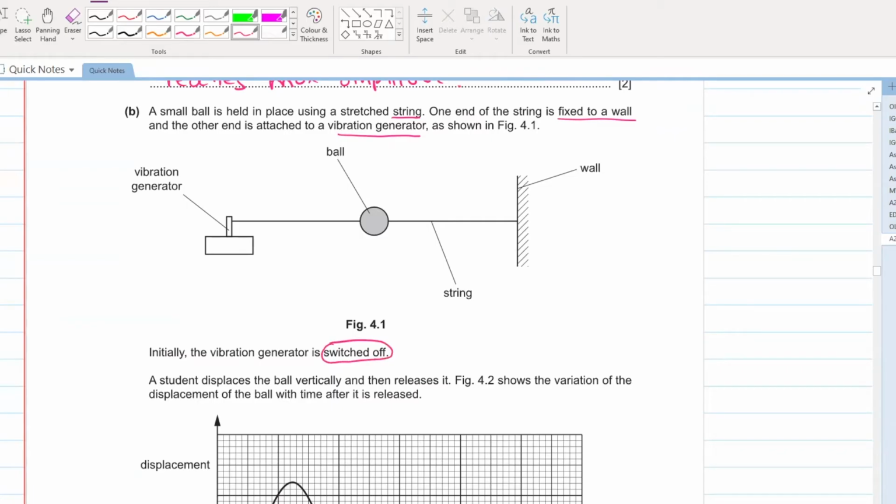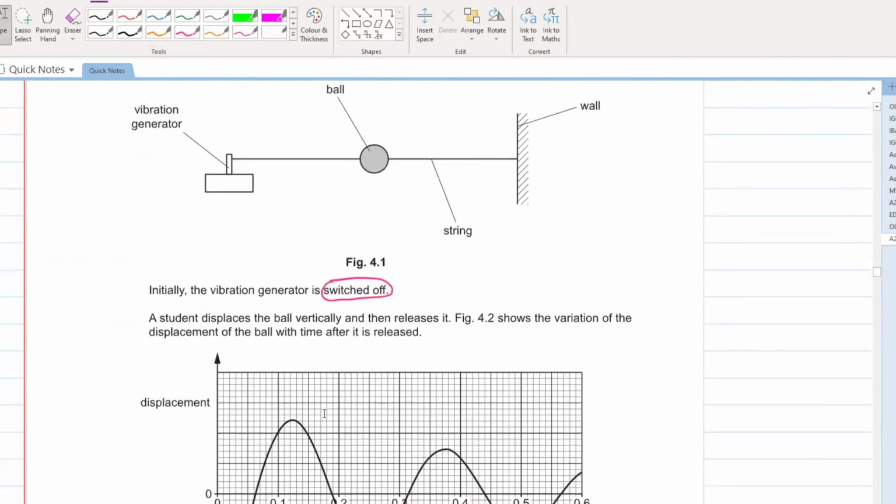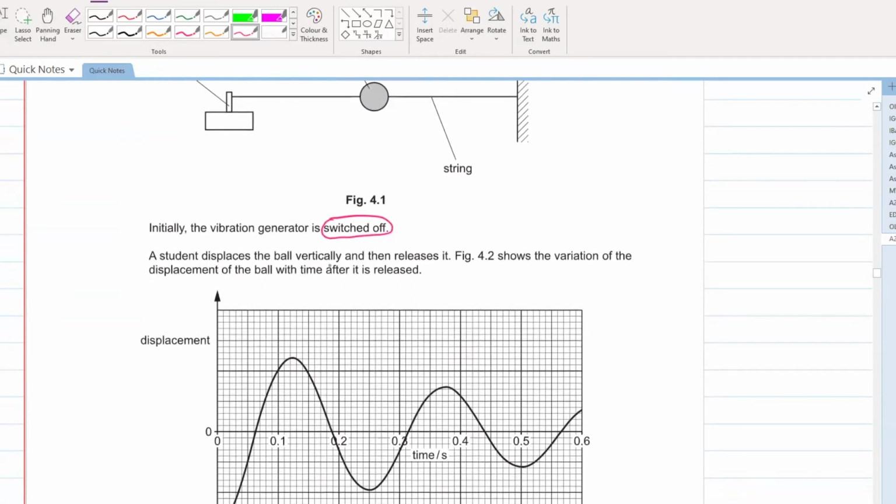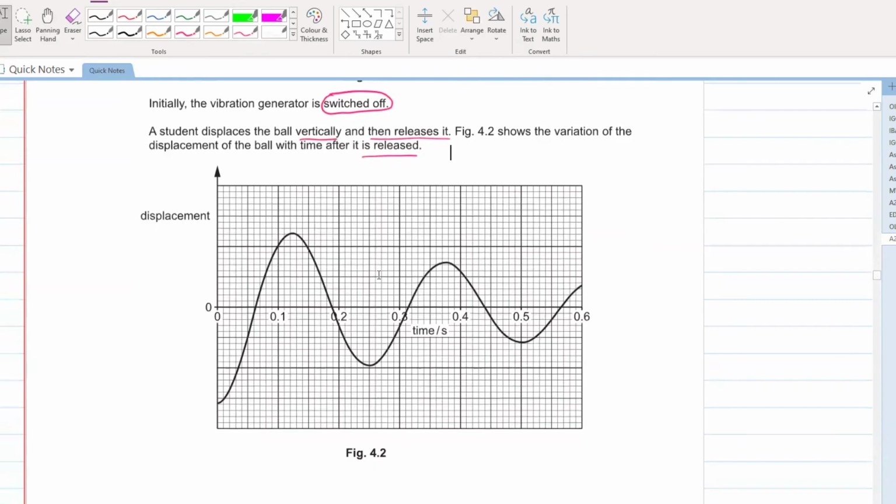A student displaces the ball vertically and then releases it. Figure 4.2 shows the variation of the displacement of the ball with time t after it is released.